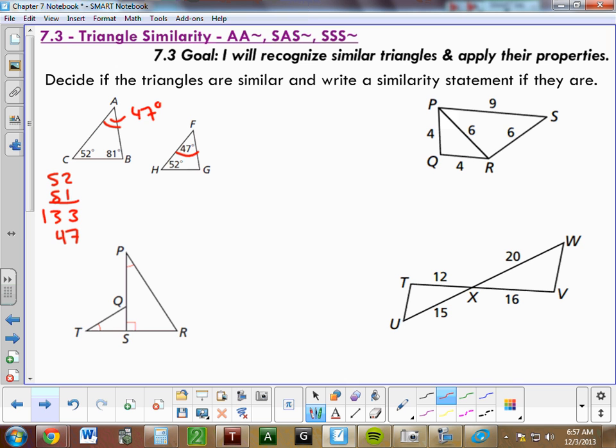These two I have congruent, and then these two I have congruent. So it says to write a similarity statement, so I should say triangle ACB is similar to triangle FHG. And those are similar by angle, angle.